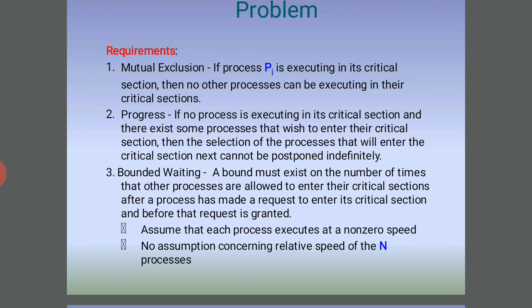Bounded waiting: a bound exists on the number of times that other processes are allowed to enter their critical sections after a process has made a request to enter its critical section and before that request is granted.